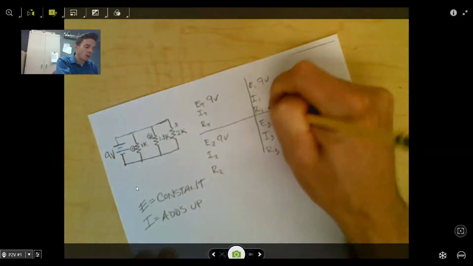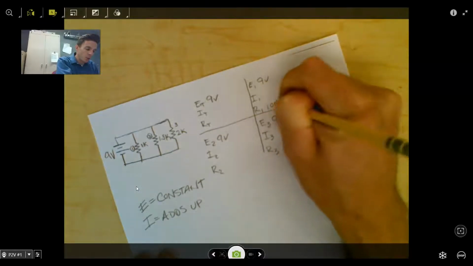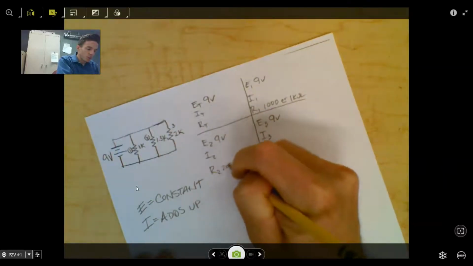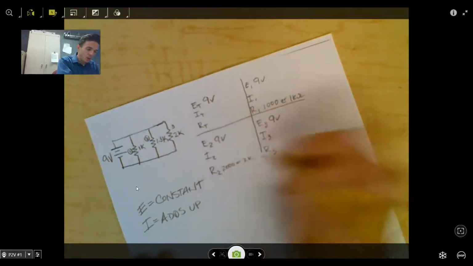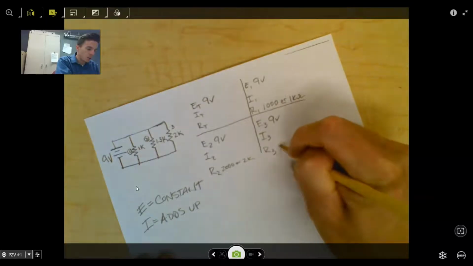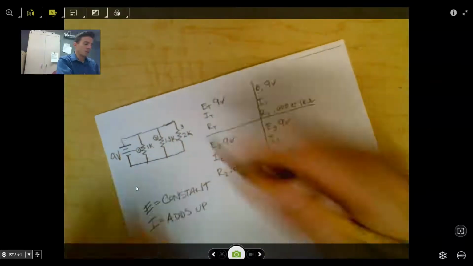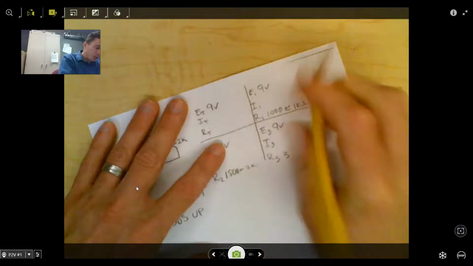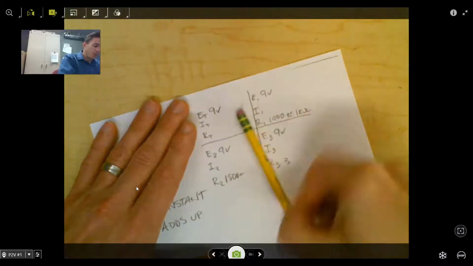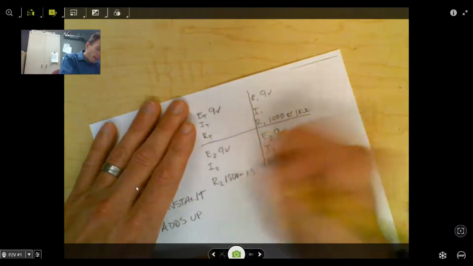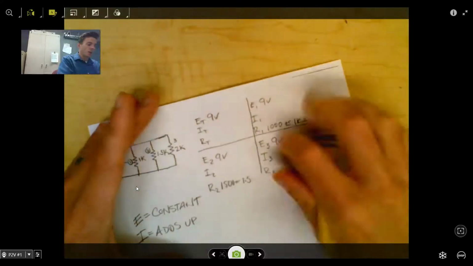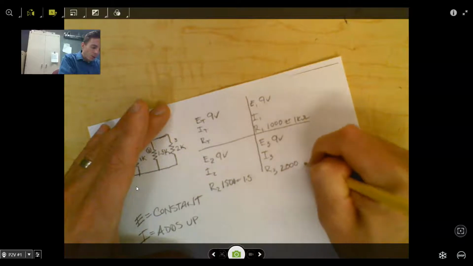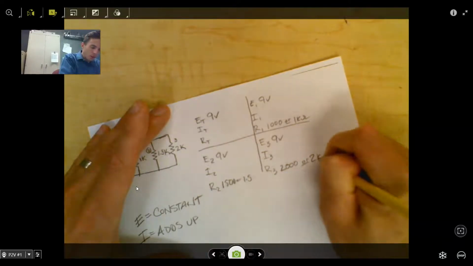We know that resistor 1 is equal to 1,000 ohms or 1 kilo ohm. We know that resistor 2 is equal to 1,500 or 1.5 kilo ohms, sorry, and we know that resistor 3 is equal to 2,000 ohms or 2 kilo ohms.